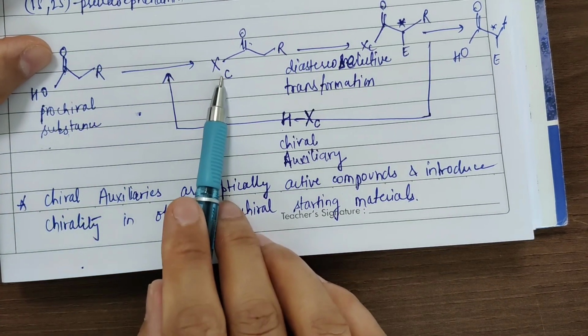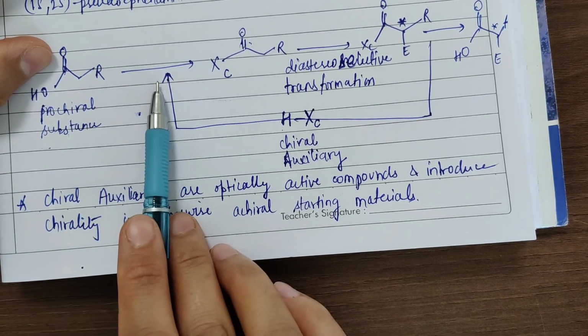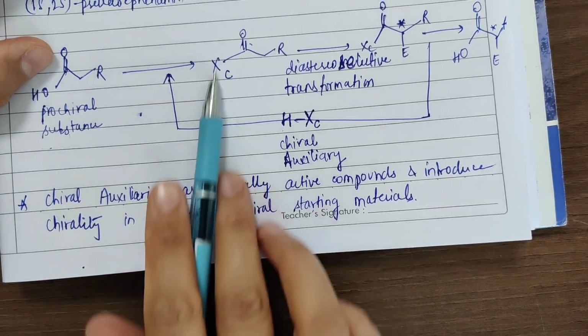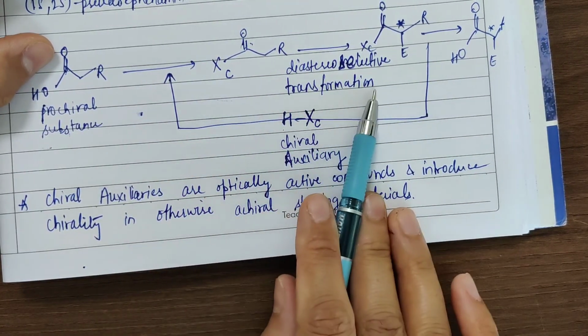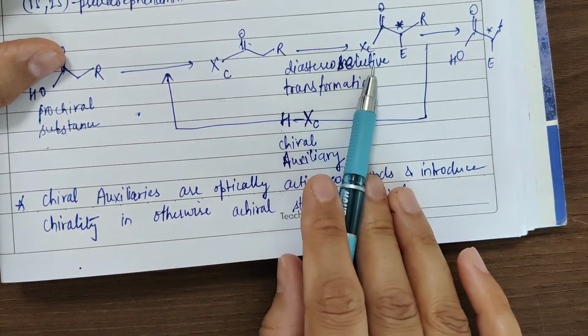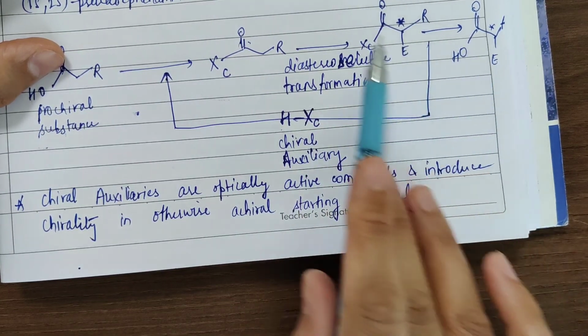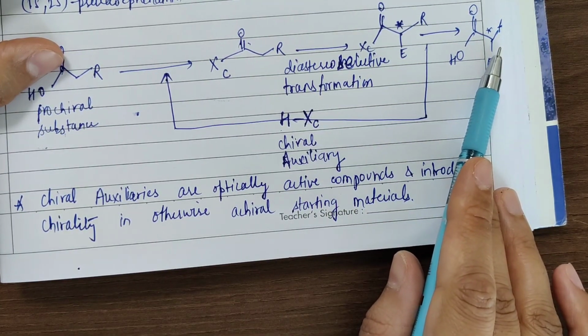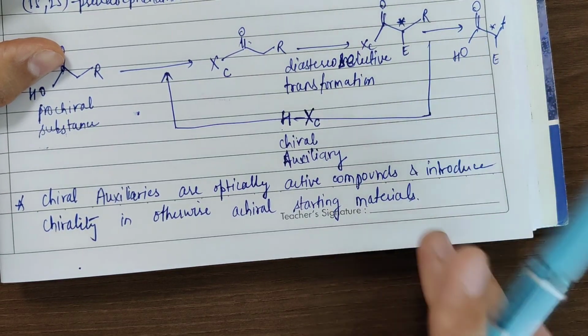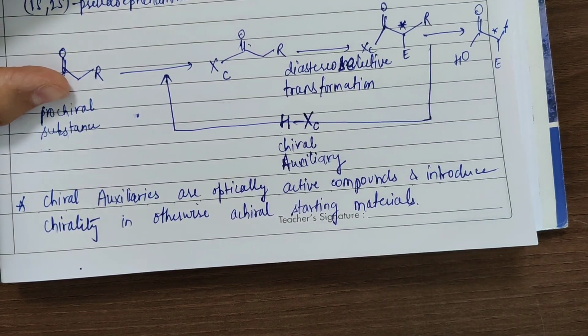They will introduce the chirality using the chiral auxiliary substance and then perform the stereoselective transformation, any reaction which will give you a diastereoselective product. Then again that auxiliary group is removed and the desired product is obtained. This is the basics of the chiral auxiliary approach.